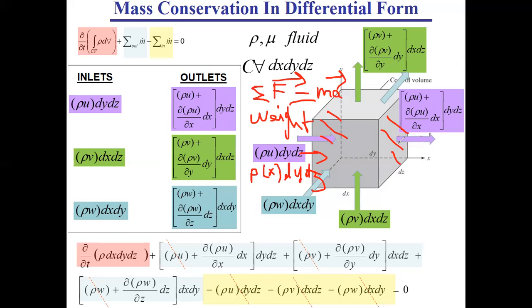You use a Taylor expansion. If I know the pressure at position x, the pressure at x plus dx will be P at x plus del P by del x dx.